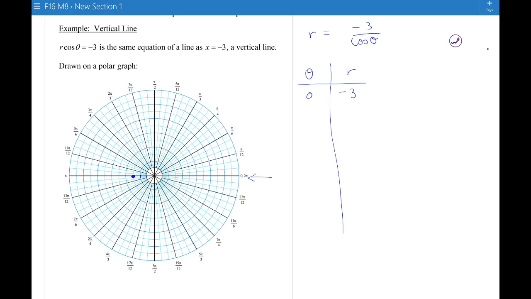Then let's use the easy values of theta for calculating when it's the cosine. So we'll do pi over 3. The cosine of pi over 3 is a half, so I have -3 over a half, which is -3 times 2, or -6. So when my angle is pi over 3, I go backwards through the pole, 1, 2, 3, 4, 5, 6.